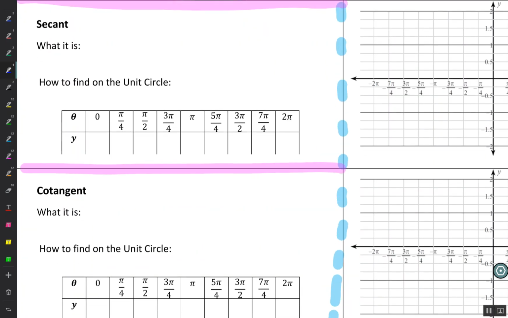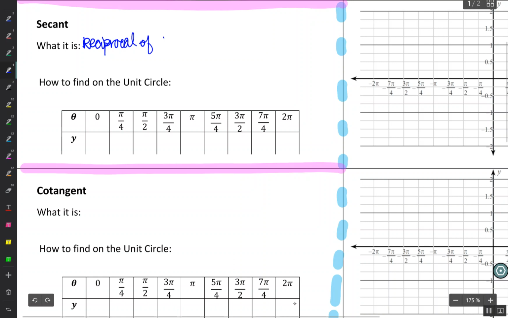Okay, let's do secant. Secant is the reciprocal of cosine. So looking at our right triangle, cosine is, of course, adjacent over hypotenuse.